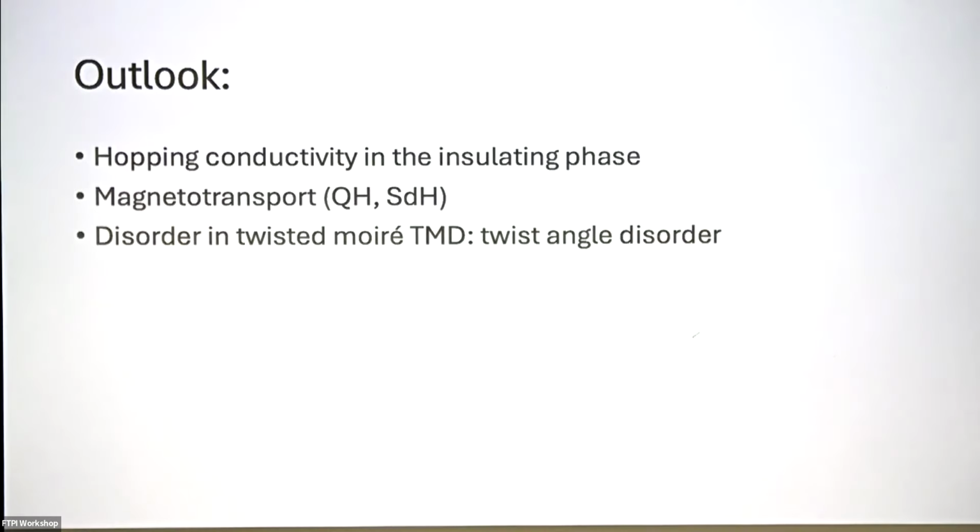I will skip this. So something we can do in the future, probably if they keep increasing the quality of this TMD system, then they can reach even smaller density data, and we can study maybe hopping conductivity in the insulating phase. Also, I haven't talked about any theoretical work related to their magnetotransport, so in the future we can also study that.